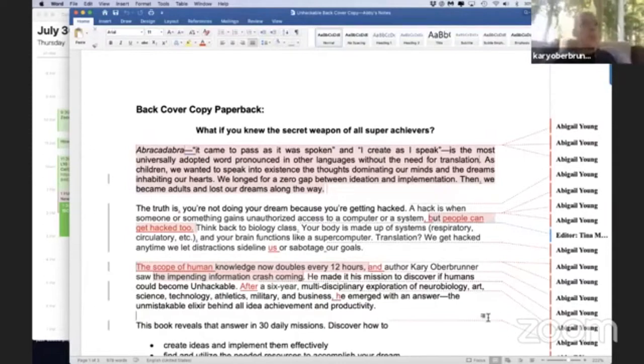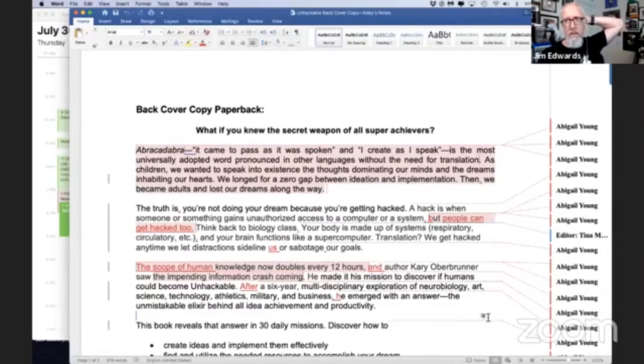Okay, you talk about what a hack is, but what if you knew the secret weapon of all super achievers? The secret weapon for what is my question.